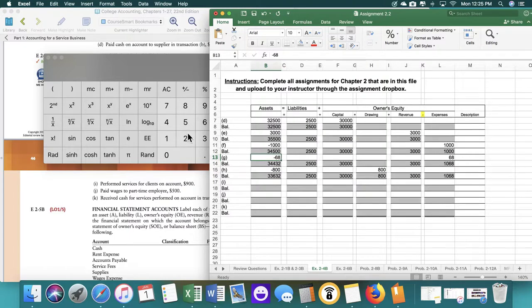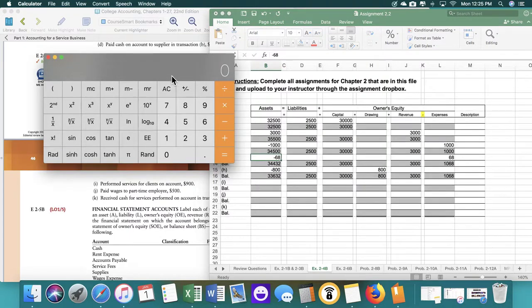So let's try 34,500 minus 68 gives us 34,432. So that's right. 2,500 plus 30,000 plus 3,000 minus 1,068 gives us 34,432. So far, so good.